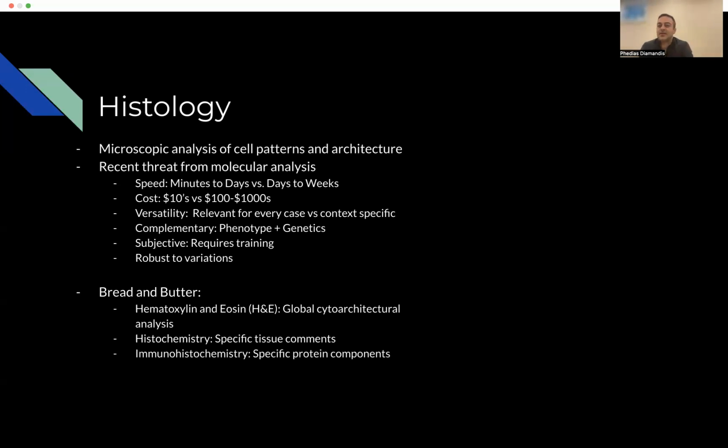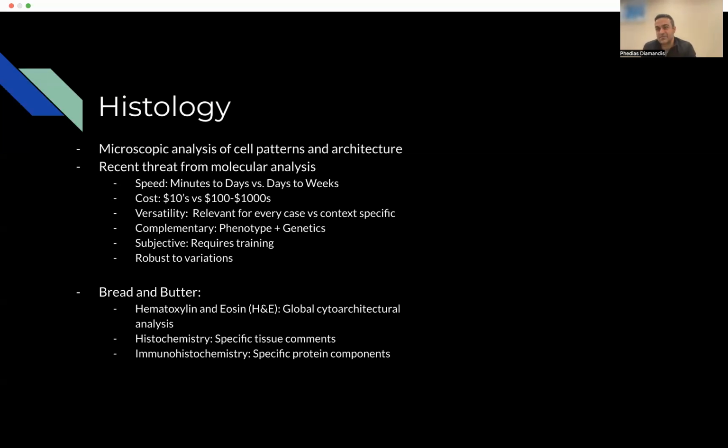Immunohistochemistry is the modernized version of histochemistry. This allows you to use antibodies to look for specific proteins, their presence, and their localization within the cell. We have a very nice NeuroPsyQ lecture on this, so please refer to that for more details. But suffice it to say that this is a very powerful technique where you can look for the presence of individual proteins.